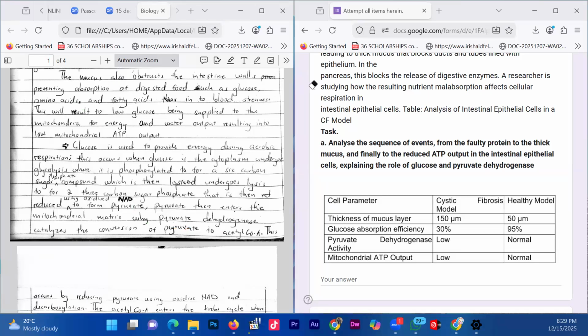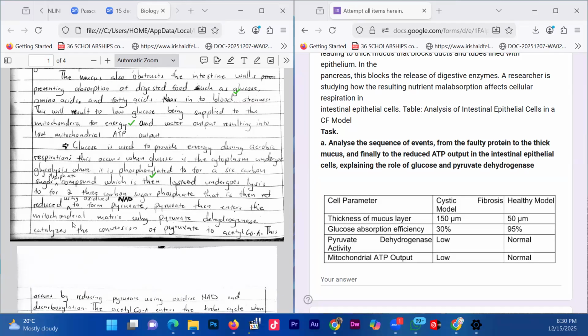Okay, so you say glucose is used to provide energy during aerobic respiration. It will prevent absorption of glucose, that's okay, resulting in too low glucose being supplied to the mitochondria. So during aerobic respiration, glucose undergoes glycolysis to form pyruvate.